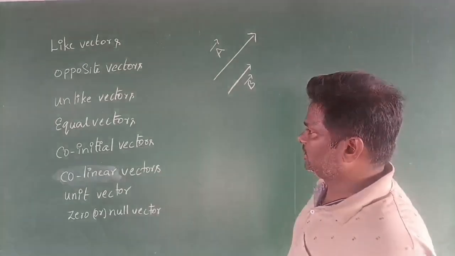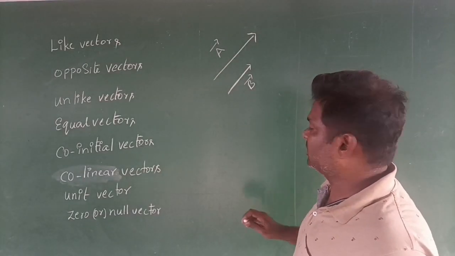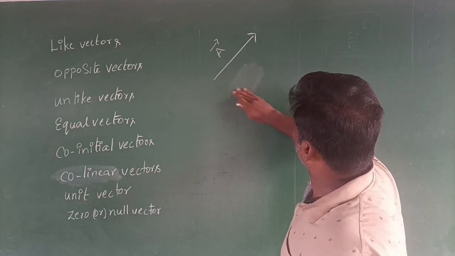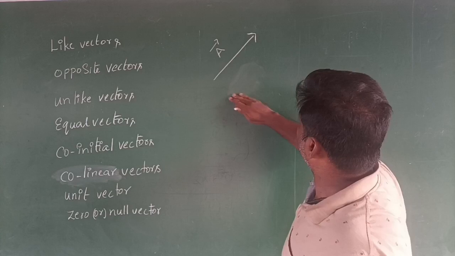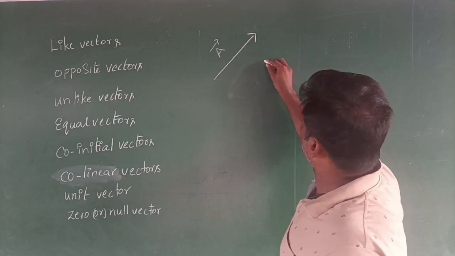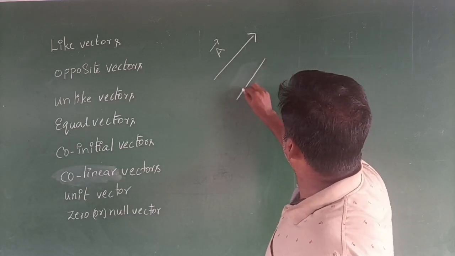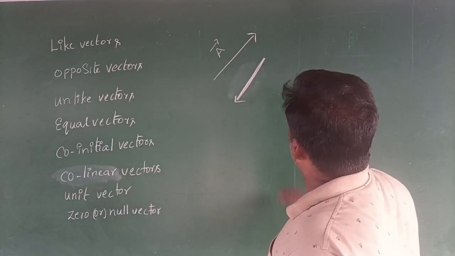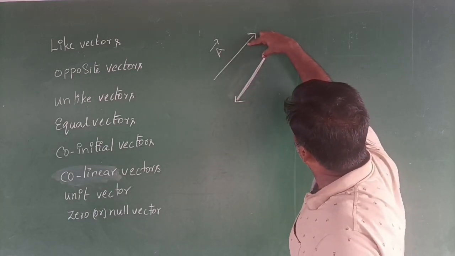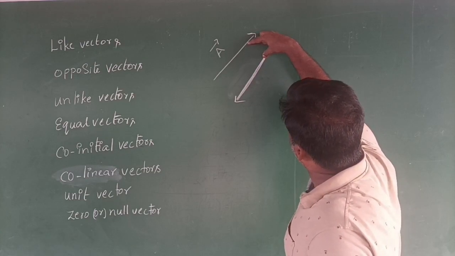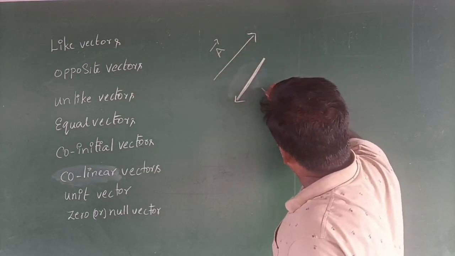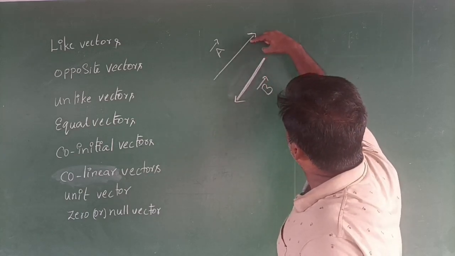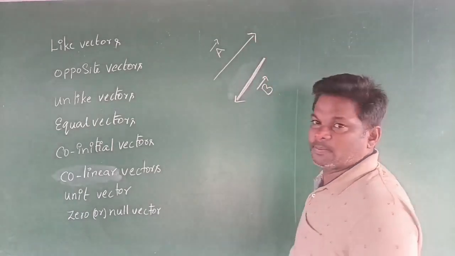Unlike vectors. This vector. Okay. Noted? Unlike vector. Look, observe this. What is the gap left between these two, here and here? Compare. When I draw this vector B, is it a like vector of A?